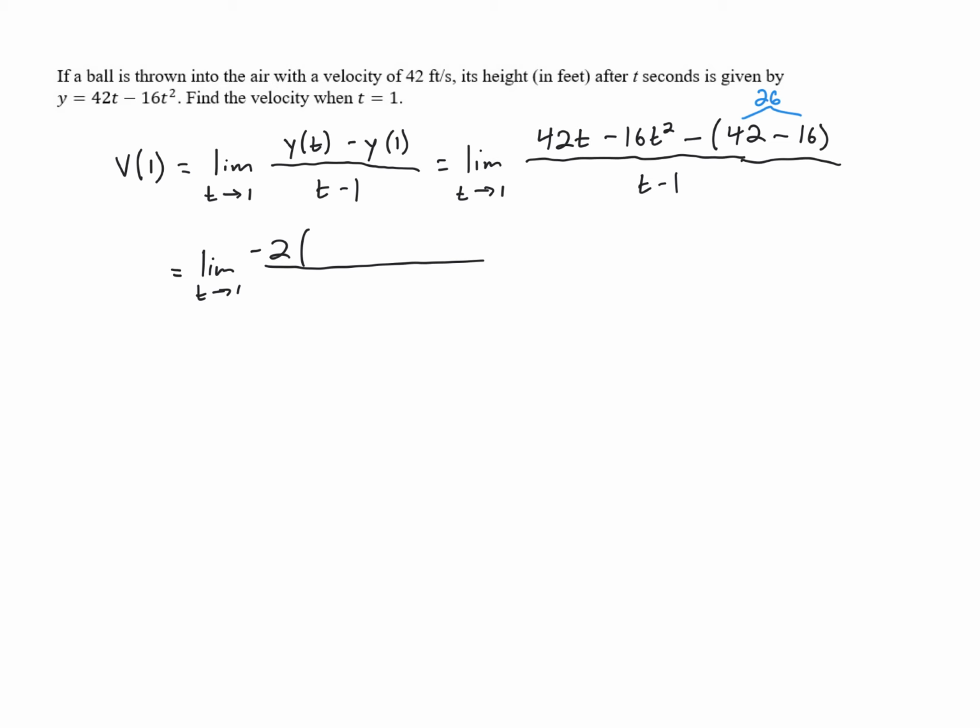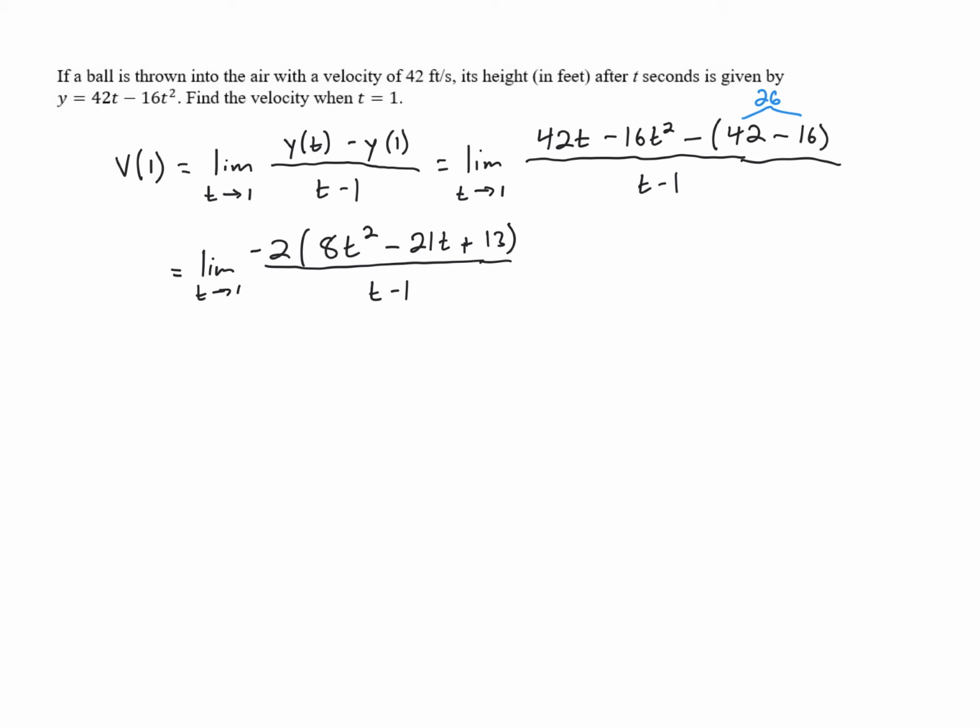Sorry, I'm thinking about the algebra here on the fly. If we factor out a negative 2 and rearrange the terms, that's going to give us our 8t squared. And then the linear term is going to be minus 21t. And then that constant term, it was negative, but we factored out a negative, so it's going to end up being plus 13, because we factored out the negative 2, all over t minus 1.